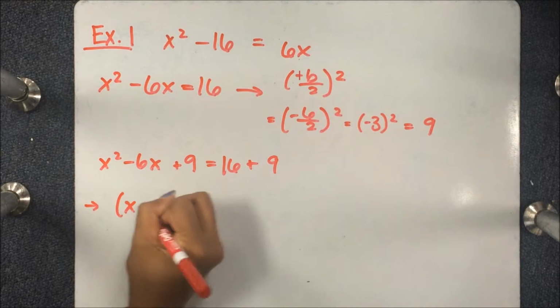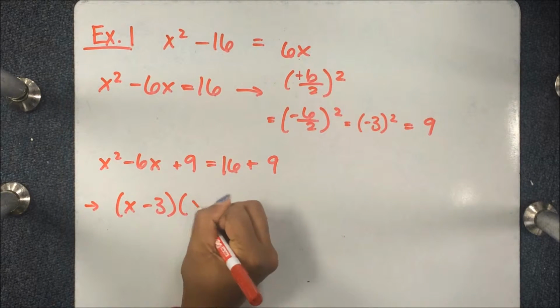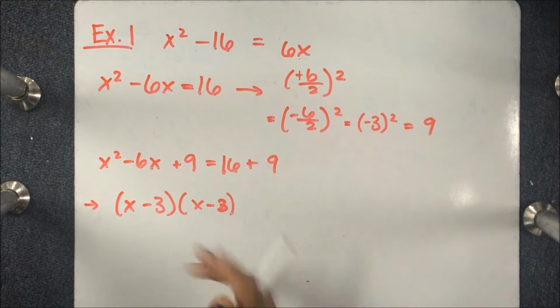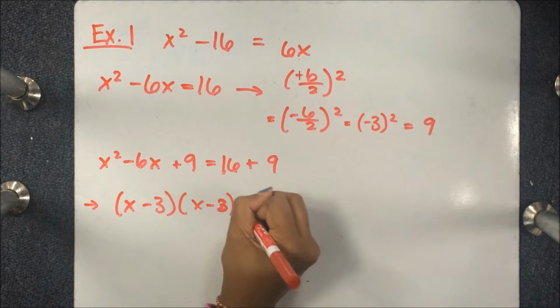Put the left side in squared form, which is x minus 3 times x minus 3, or x minus 3 squared.